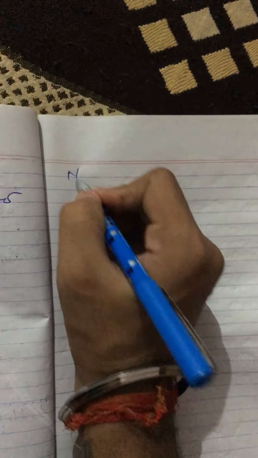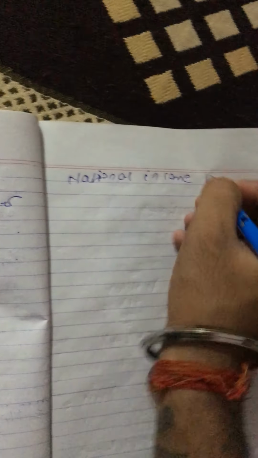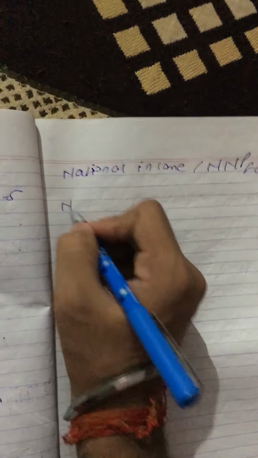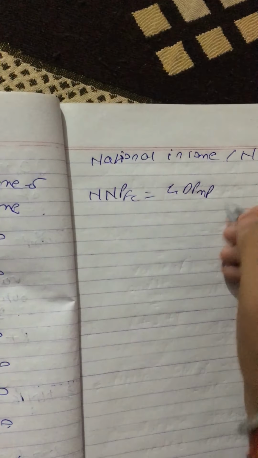Clear? So beta, we have to calculate national income. National income is also known as NNPFC. So beta, we have to calculate NNPFC with the help of GDPMP.